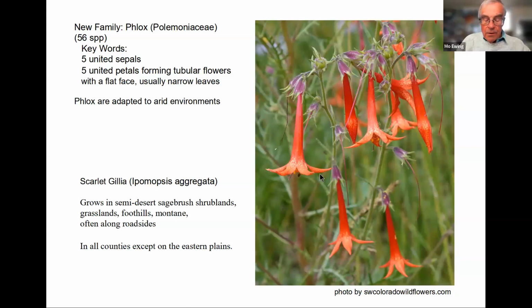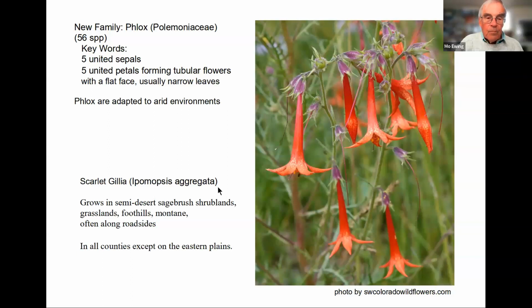So the petal tips come out flat. When we were talking about recurved, if these were recurved, these things would bend all the way back toward the bottom of the stem, but they're not recurved, they're flat. It's a beautiful flower.